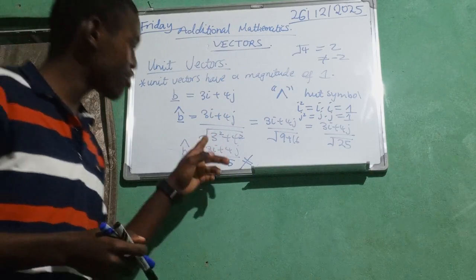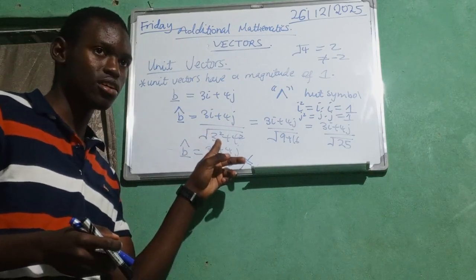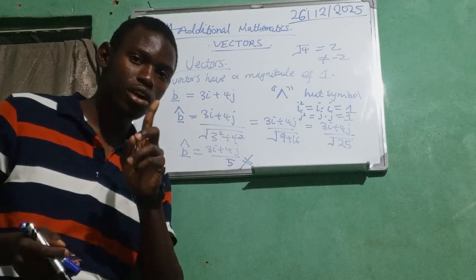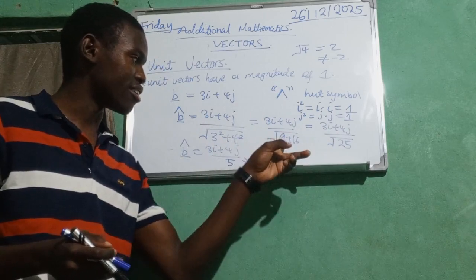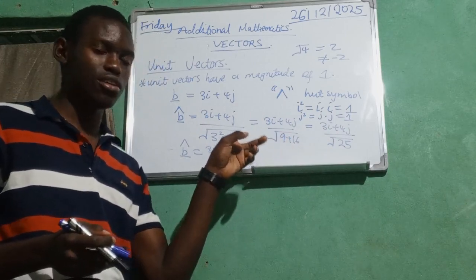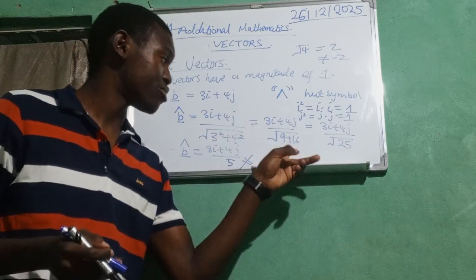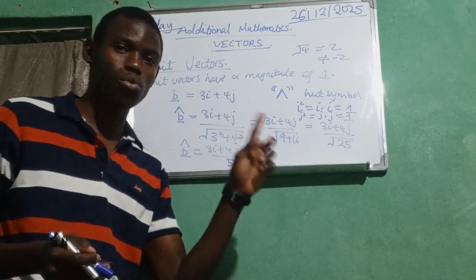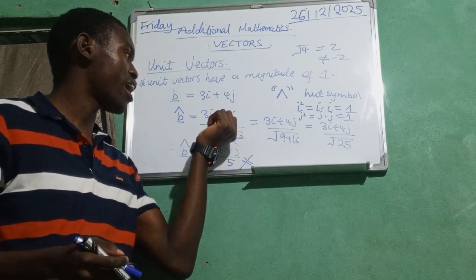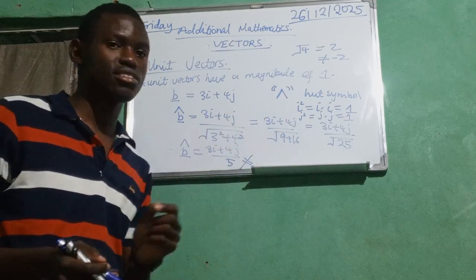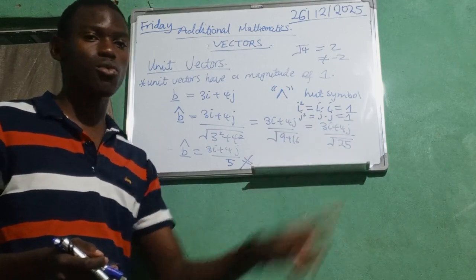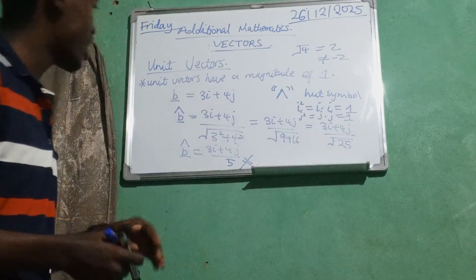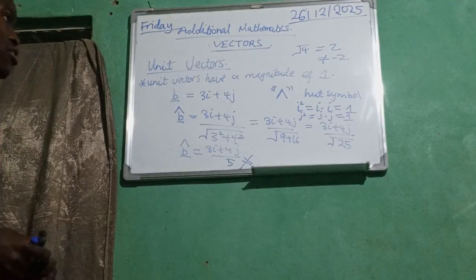So if I were to write 3i squared, the i is squared and gives you a 1, and the 3 is squared and gives you 9. 4j squared: the 4 is squared to give 16, and the j is squared to give 1. So it's not necessary to write the i and the j at these phases, because we know i squared and j squared both equal 1. That is the identity you need to know for unit vectors.